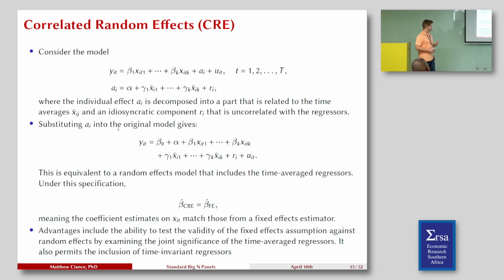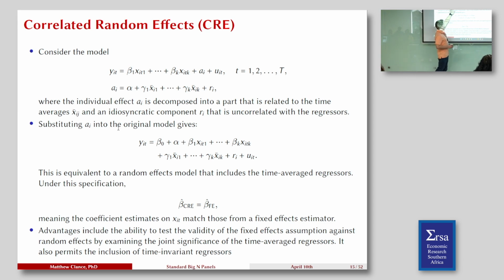In some ways, it's a very similar strategy to what we had prior, because in this case the a_i is decomposed into this equation that has its own error term, so it's only related to the time averages of our time-varying right-hand side variables. And we're going to assume that the r_i term is uncorrelated with the regressors.